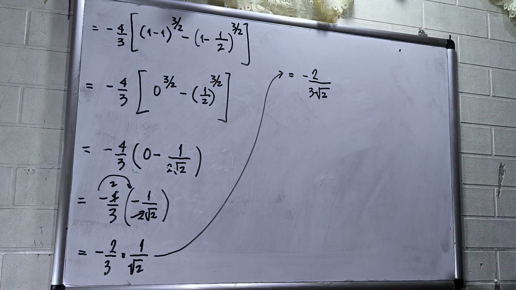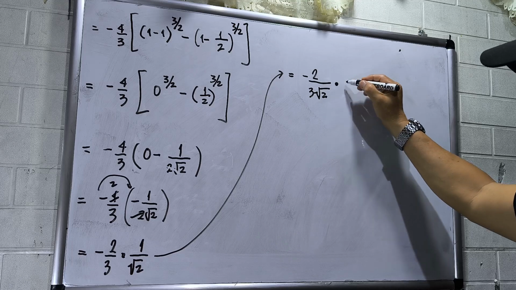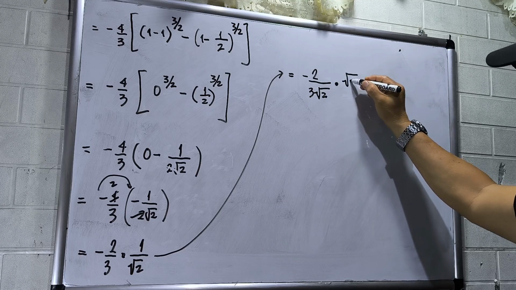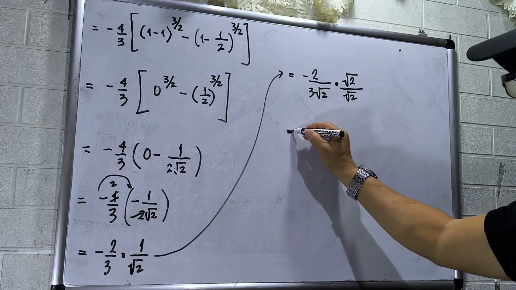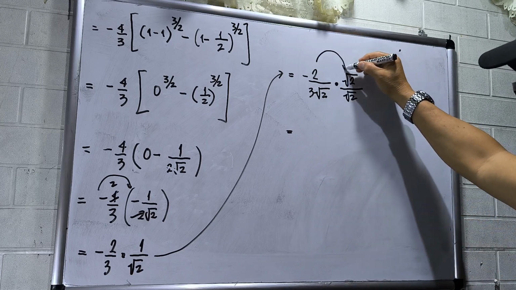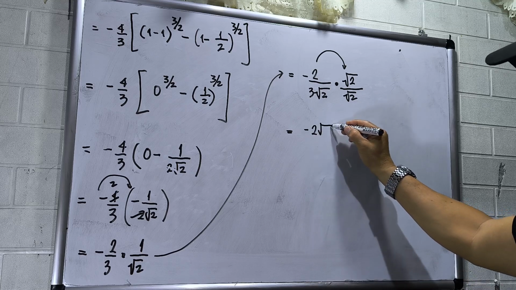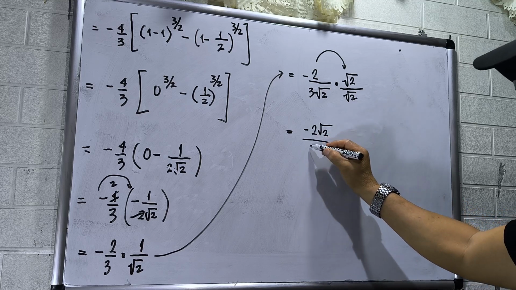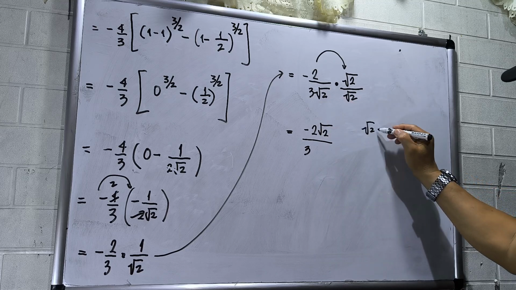Then I have to rationalize the denominator having the radical symbol. So I need to multiply both numerator and denominator by square root of 2. So this will be 2 square root of 2 over 3 times square root of 2 times square root of 2.